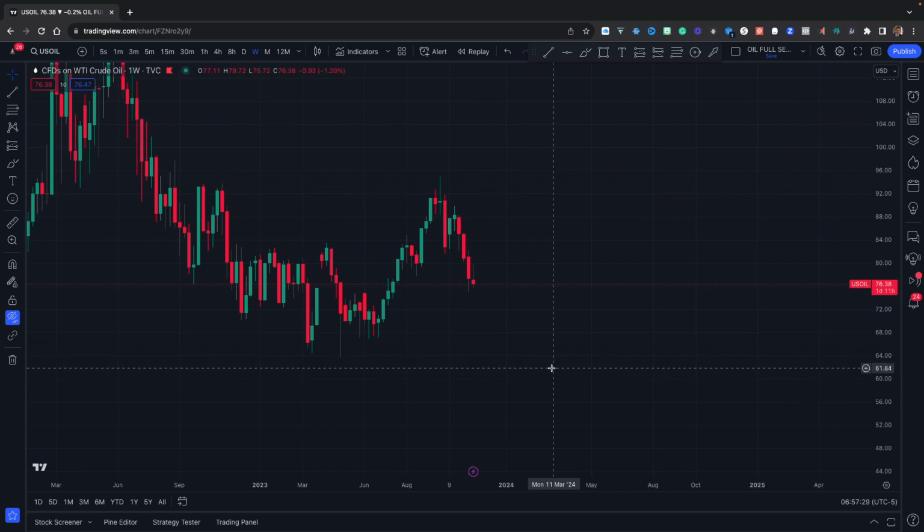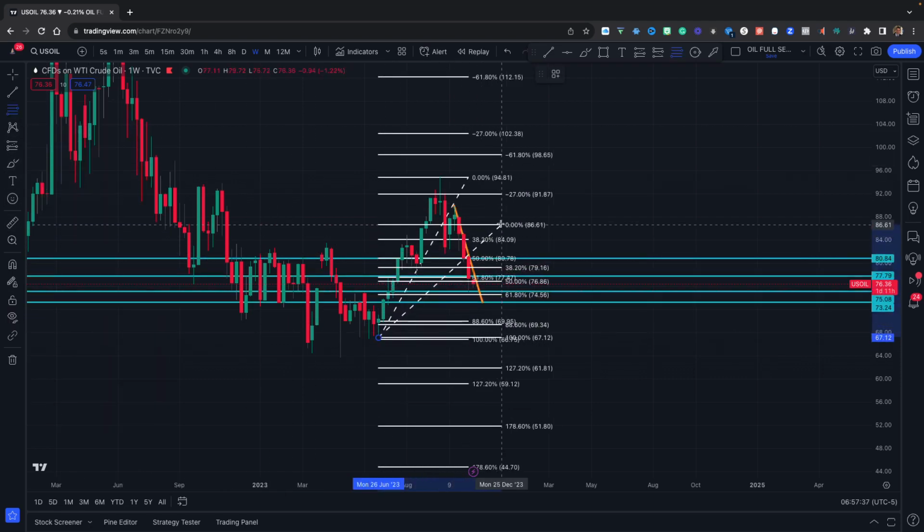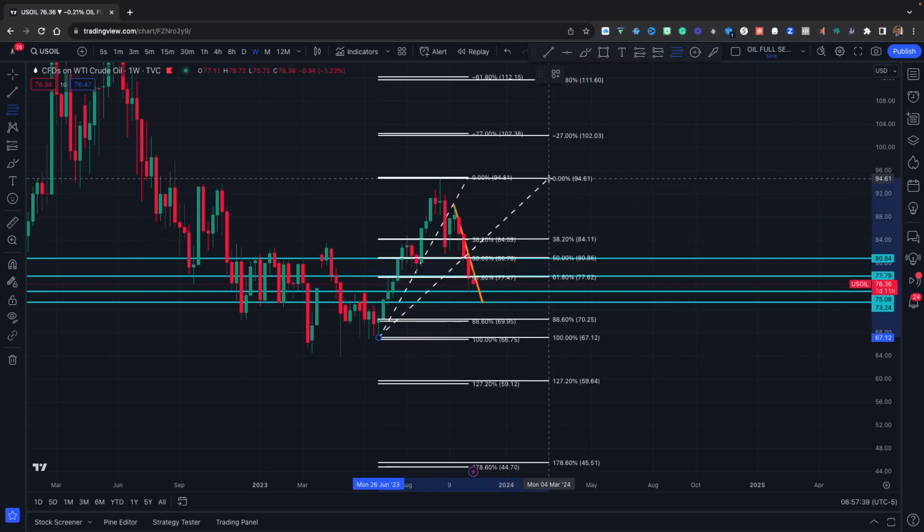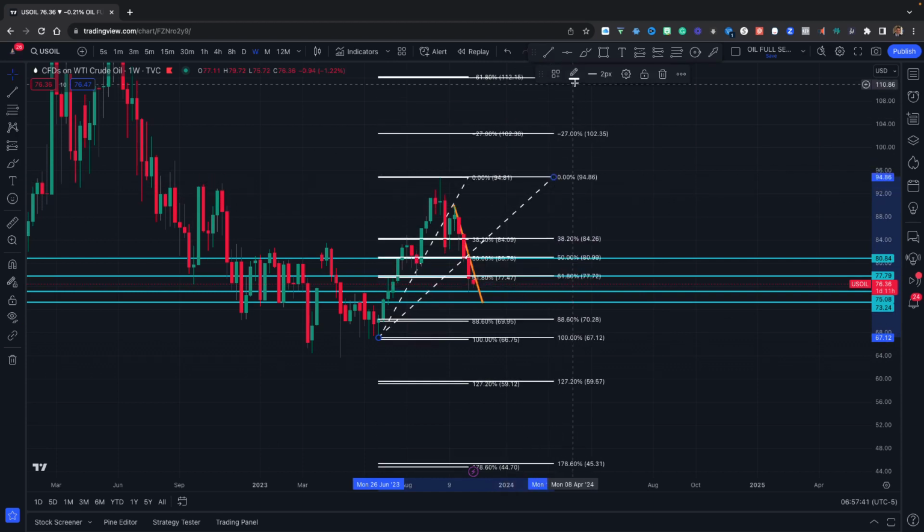Let me throw a Fibonacci level on here real quick. I'm going to remove this and make this yellow so we can see it. So we have cleared the 61.8 area on the weekly, and again, we are trending into this lower zone area.